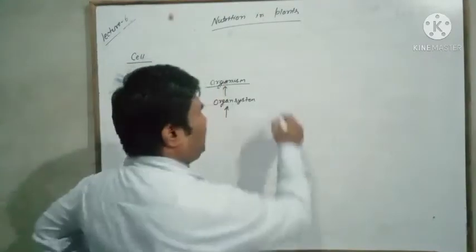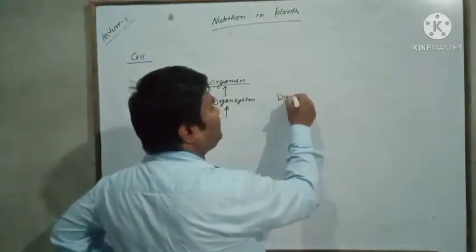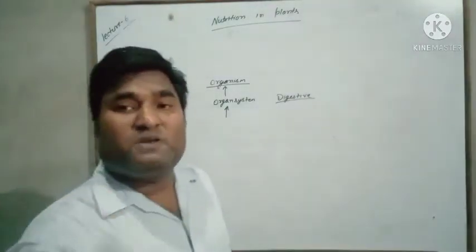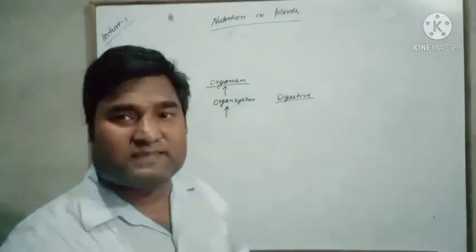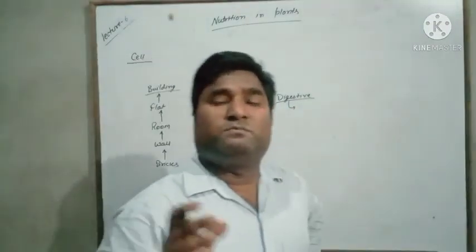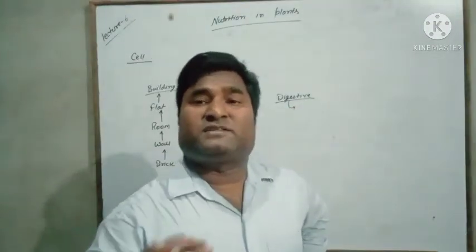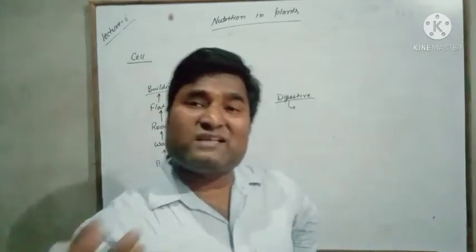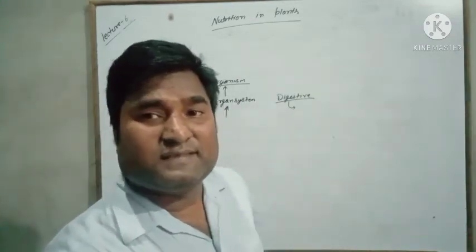For example, take the digestive system, which is also an example of an organ system. This digestive system is made up of teeth, mouth, tongue, stomach, small intestine, large intestine. Different organs are making the digestive system.